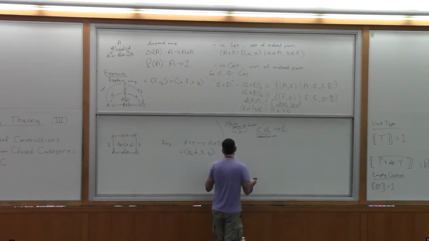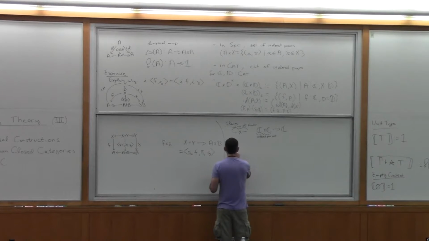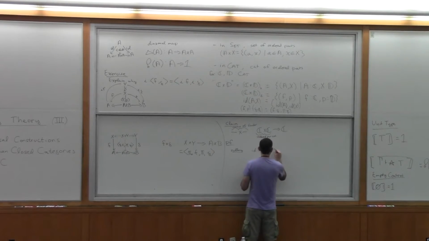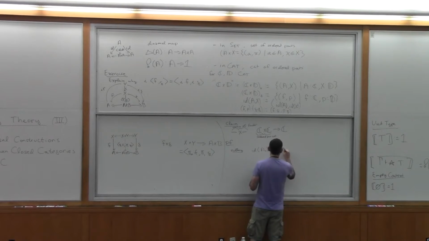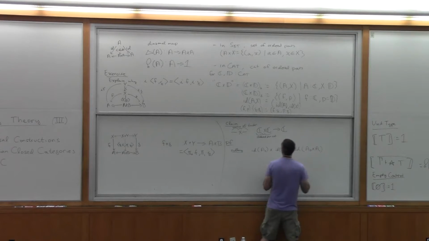So what do we have to show? Well, there's the nullary case and the binary case. For the nullary case, that is the units, the identities, we have to show that the identity on, say, an object A0 and the product of that with the identity on A1 is equal to the identity on the product of objects A0 and A1, right?